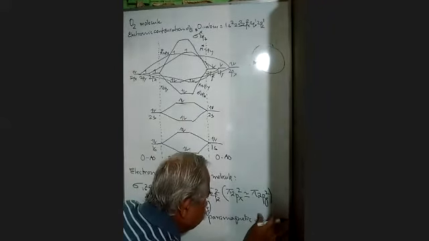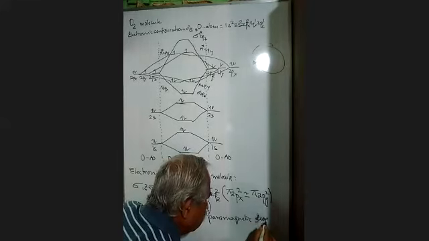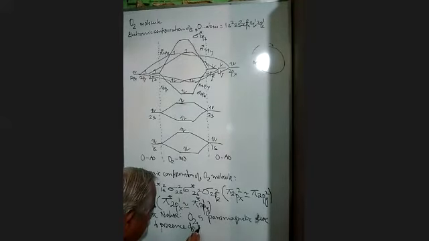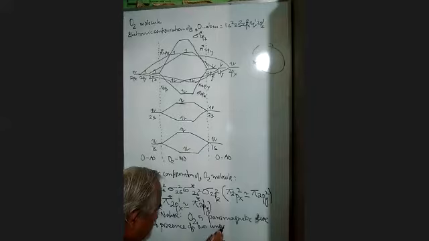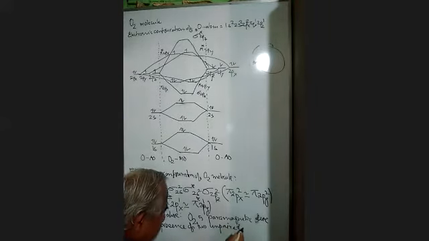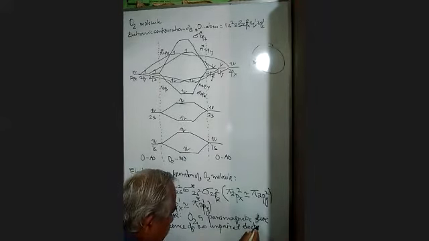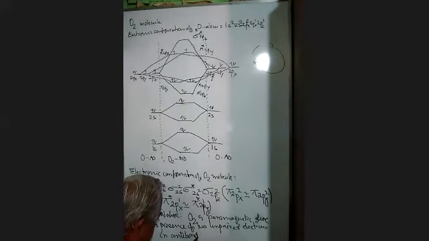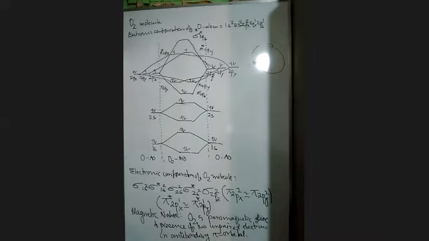Due to the presence of two unpaired electrons in anti-bonding pi orbital. Draw.